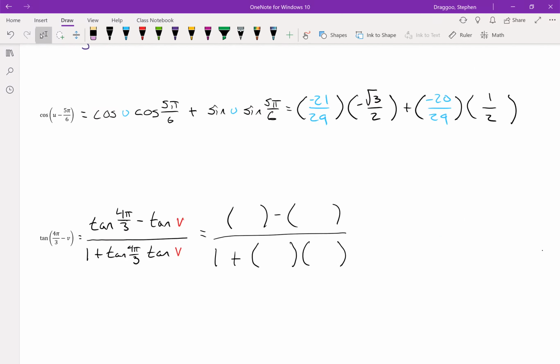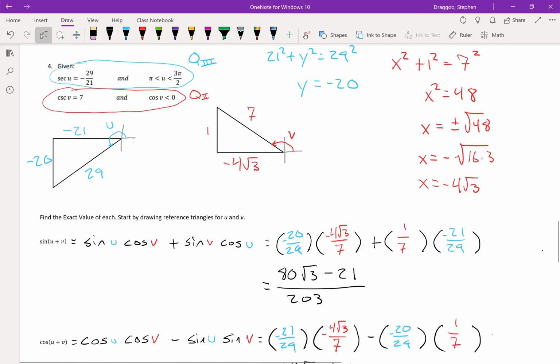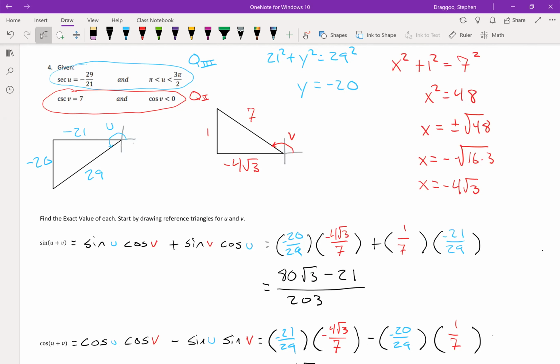Right. And finally, the tangent of 4 pi over 3 minus v, which means we'll need to get the tangent values for v. Scroll back up to that reference triangle. And the tangent of v, which should be opposite over adjacent, looks like it comes out to negative 1 over 4 square root 3.